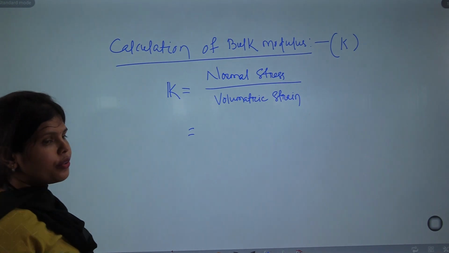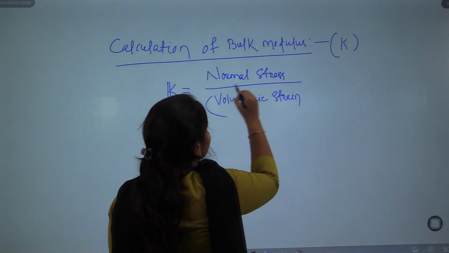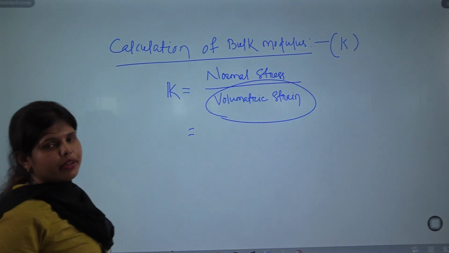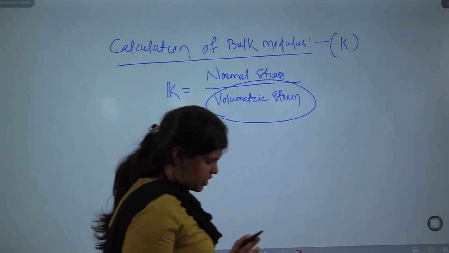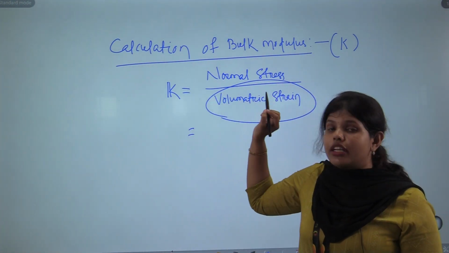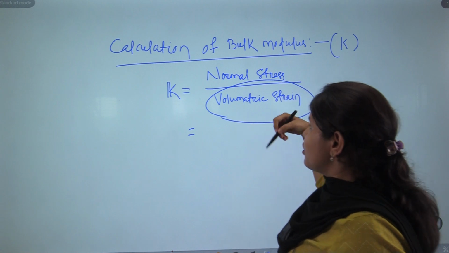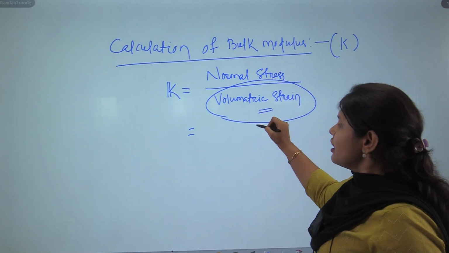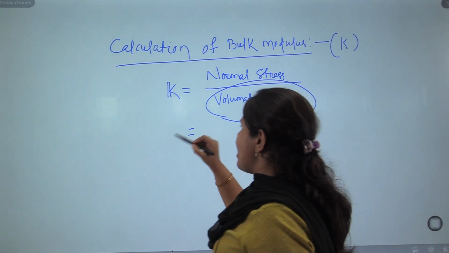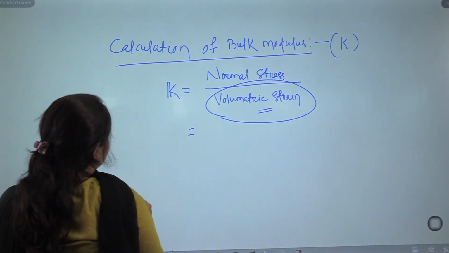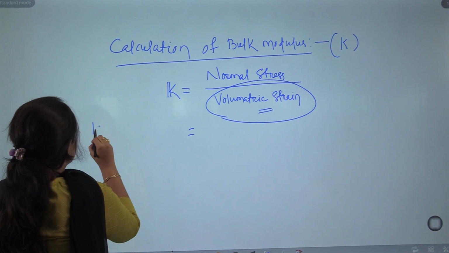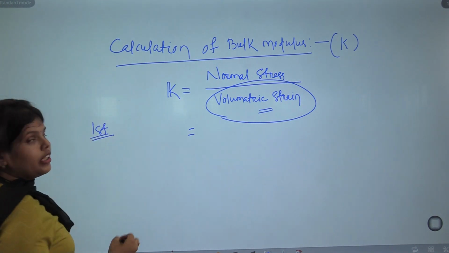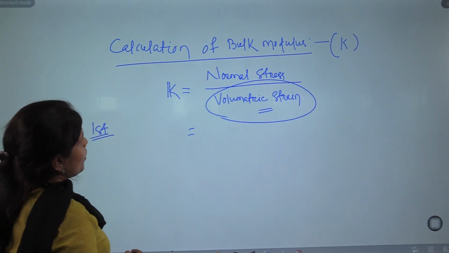Normal stress is given, but volumetric strain is not given. We can calculate volumetric strain, but for the bulk modulus we will calculate in two ways: by using volumetric strain and by using the E value. First, we will calculate using the E value.